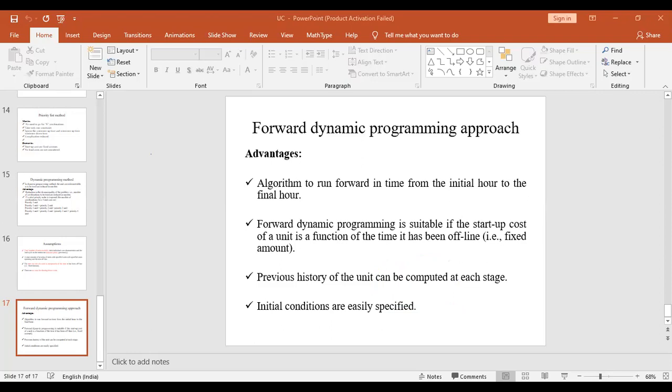Next is the voltage constraint. In the voltage constraint, the voltage should lie within the minimum voltage up to the maximum voltage: V_P minimum less than or equal to V_P less than or equal to V_P maximum. The calculated value of V_P should lie within the minimum limit as well as the maximum limit, and should not go beyond either. The voltage should be in a prescribed or optimal range.